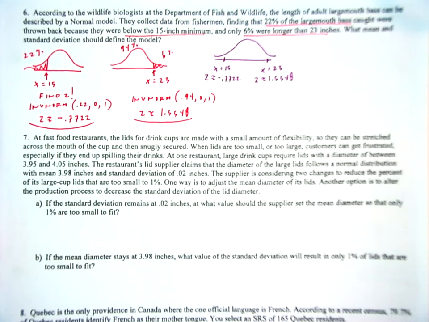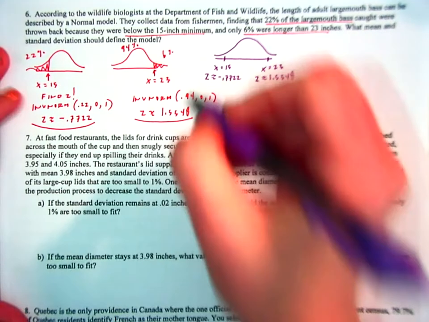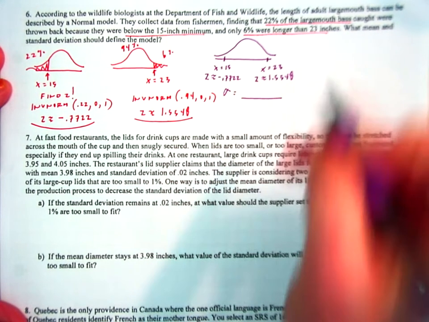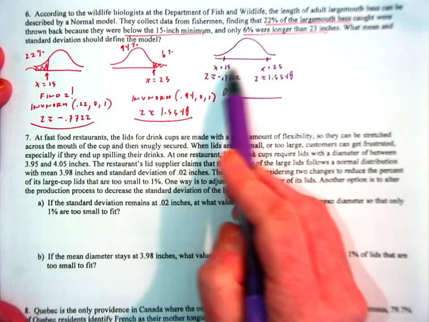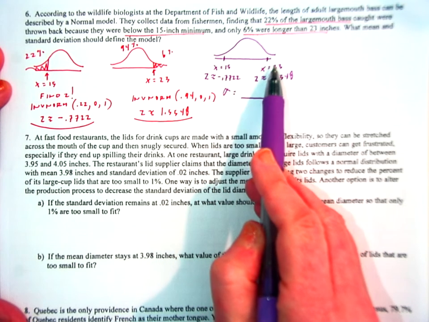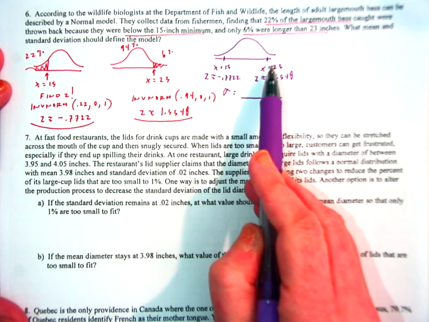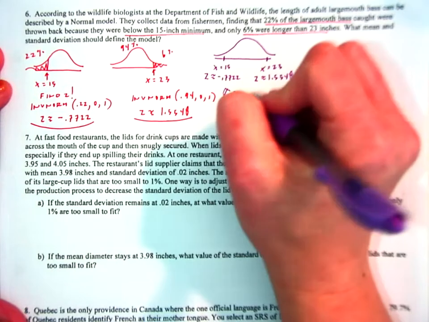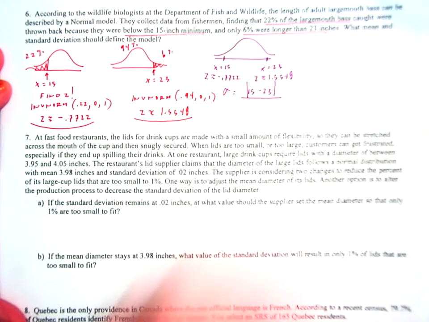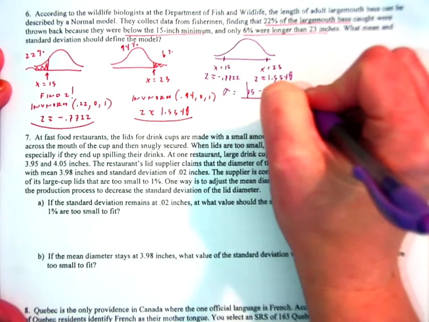Beautiful. I've got to get my standard deviation first. So for my standard deviation, here I'm looking up top, the difference between the two observations. The order doesn't matter because once I put absolute value bars around it, it forces it positive. So if I do 15 minus 23, when I put bars around it, it's going to read as 8.